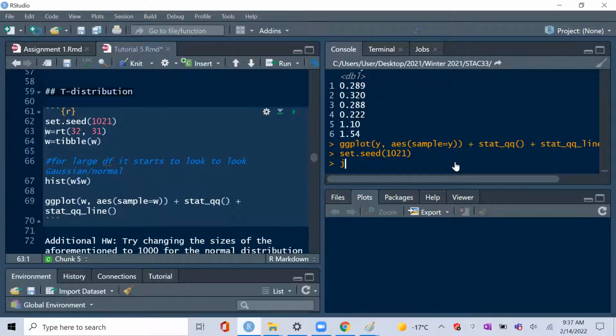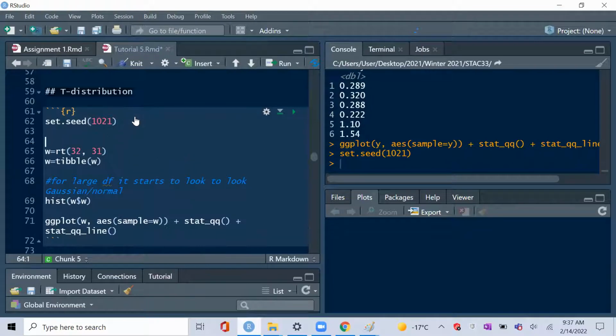If you look at rt, you'll see that you have to give a sample size and degrees of freedom. That's why I said 32 is the sample size, and degrees of freedom is, let's say, 31. Degrees of freedom for the t-distribution is always n-1. That's why it's 32, 31. So let's run this.